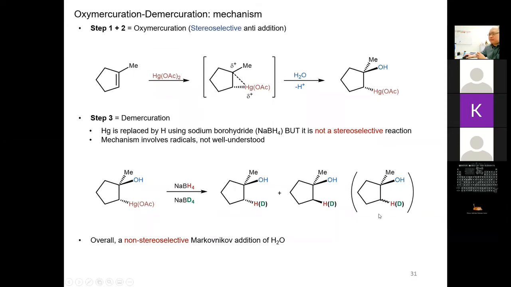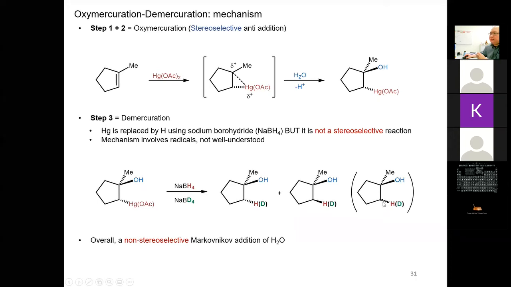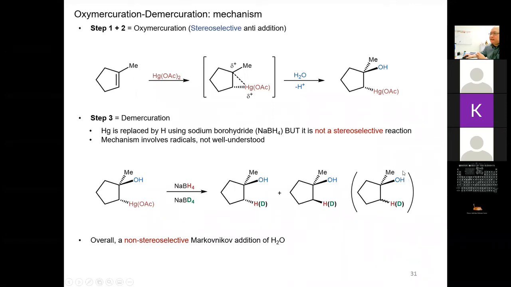But let's say if you use NaBD4 to replace the mercury, then it makes a difference, right? Because the D can be on the same side of the OH or on a different side. And another substituent here is an H. You have H and the D, and the D can be cis or trans to the OH.